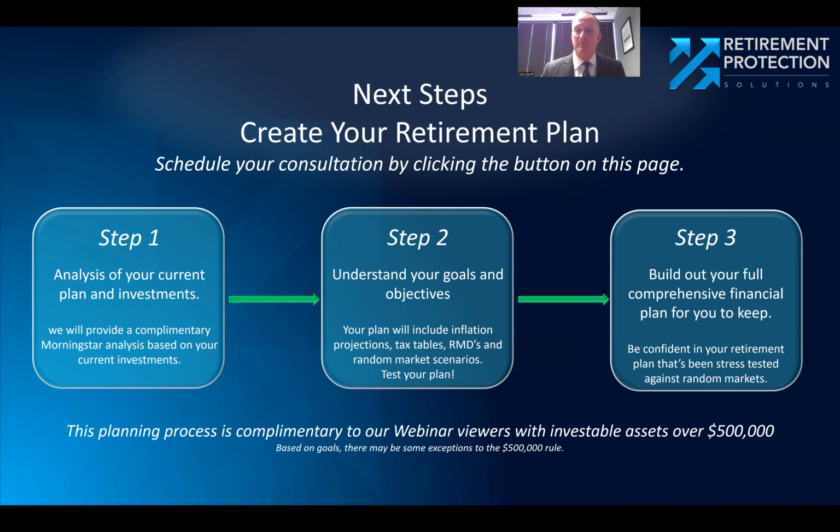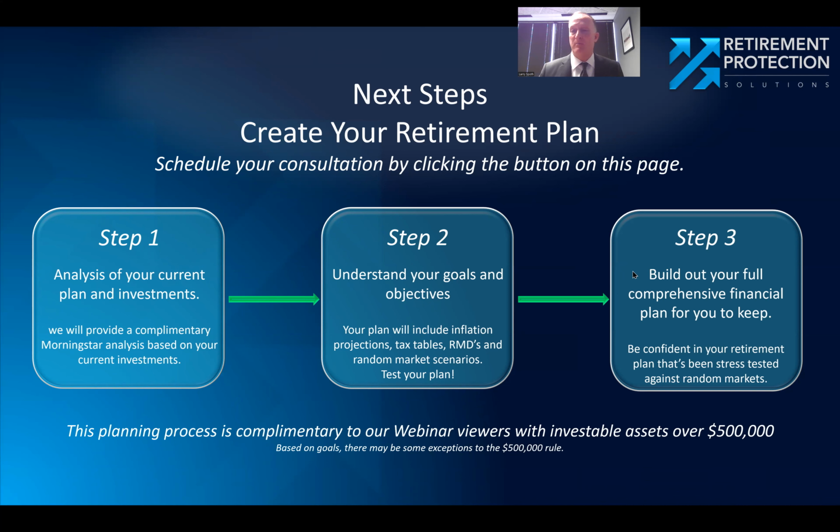Step number 2, we want to understand your goals and objectives, because ultimately we want to build your retirement plan that includes inflation projections, tax tables, required minimum distributions, and we'll test it with random market events to see if it holds up, to see if your income is sustainable in retirement.